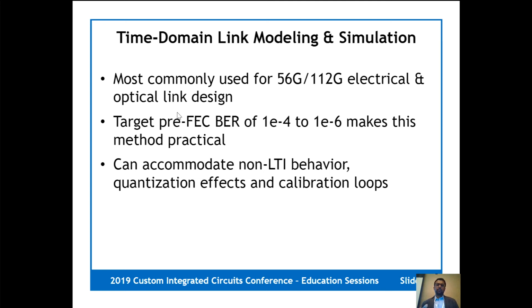And it can accommodate a lot of the impairments that actually have a demonstrable impact for PAM4, like nonlinearity, quantization effects, and so forth. So I'll mainly focus on this one, but there are references on the other techniques as well.